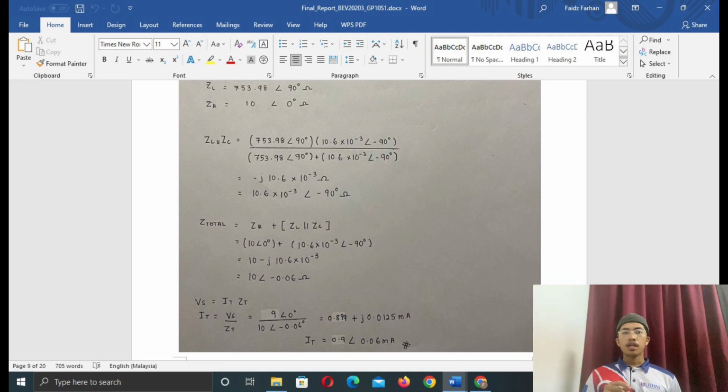IT equals VS over ZT, so we get 0.899 plus j 0.0125 milliampere, and in complex number form, IT equals 0.9 angle 0.06 milliampere.